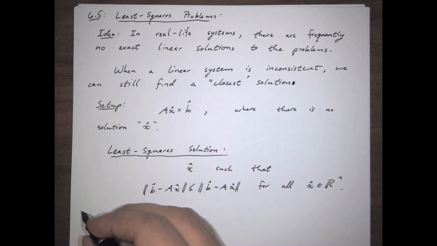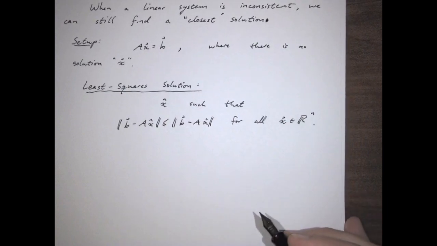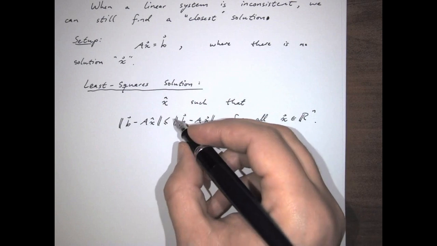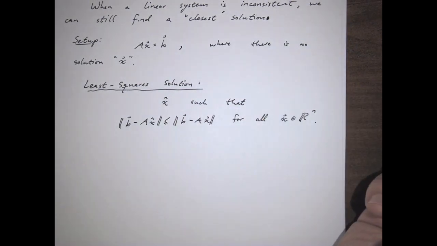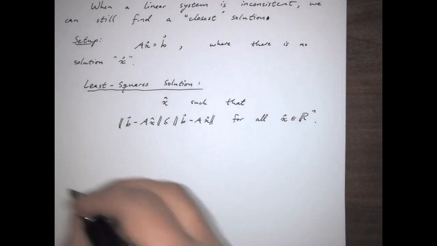Well, we've seen this before, but let's try to remember how we actually can get such a thing. If you remember, this was also what we noticed about the orthogonal projection of a vector onto a vector space, and in particular, let's think about this.